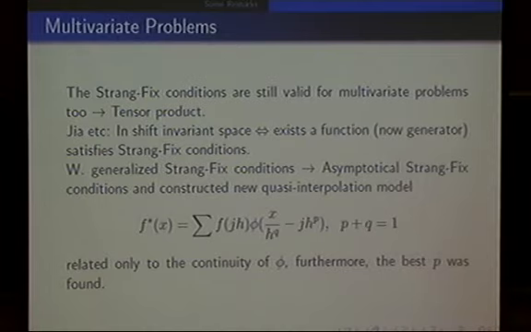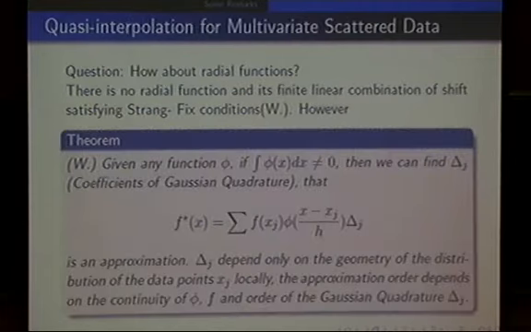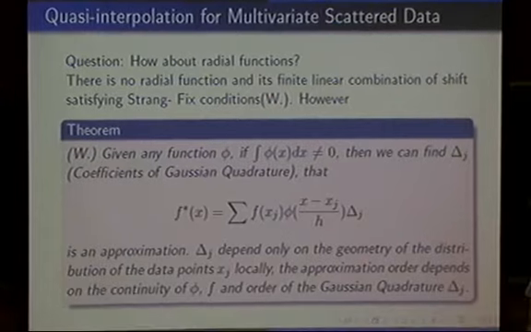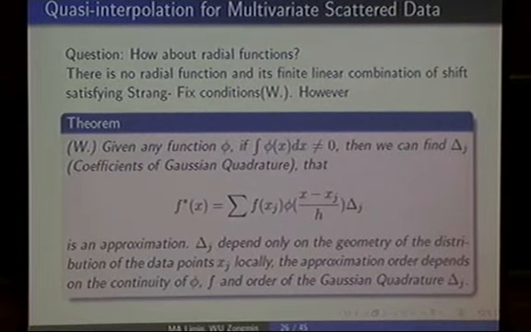And myself generalized the Strang-Fix condition to the asymptotical Strang-Fix condition and constructed a new quasi-interpolation model like this one, and this can be used for scattered data.